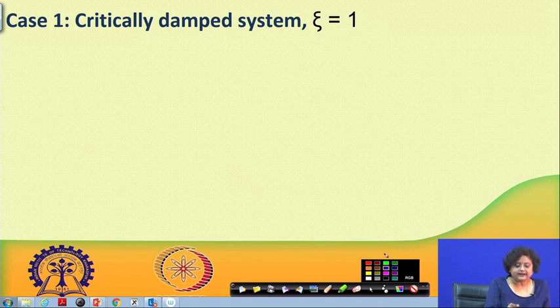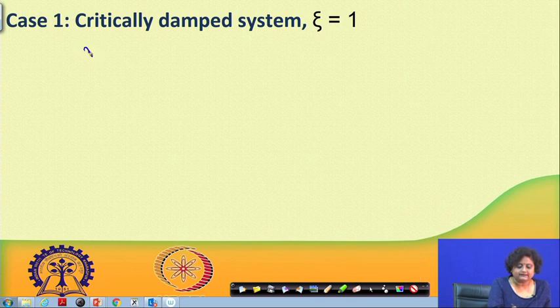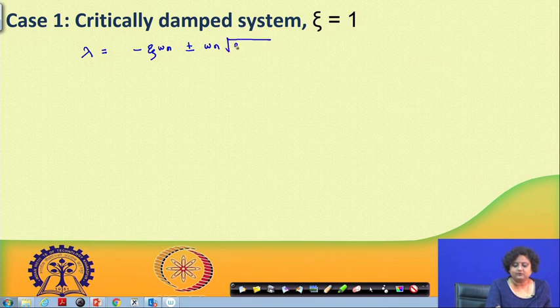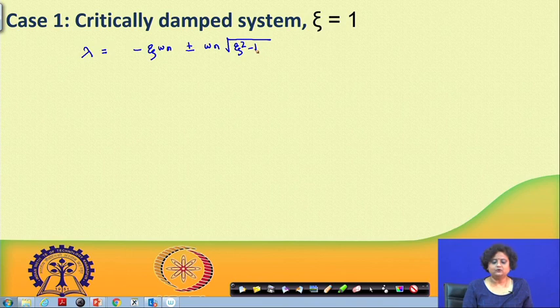So, when zeta is equal to 1, let us see what is happening to lambda. So, lambda is minus zeta omega n plus minus omega n into square root of zeta square minus 1.